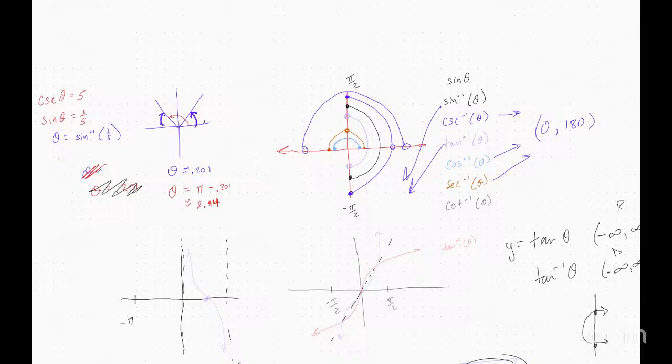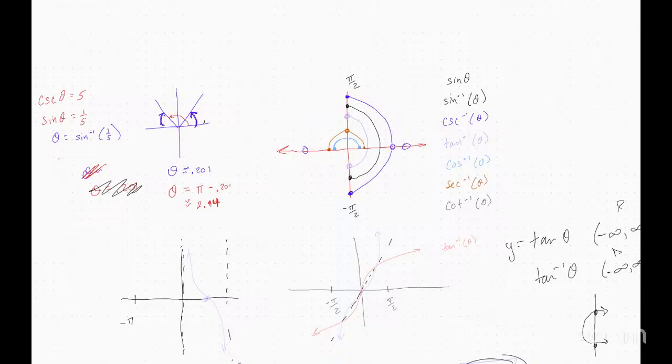Wait, did I do that right? No, I said sine, I should have said cosine. Sorry, I did that wrong. I made that last graph the wrong color. That should have been gray, because I was talking about the cotangent, not the cosecant.